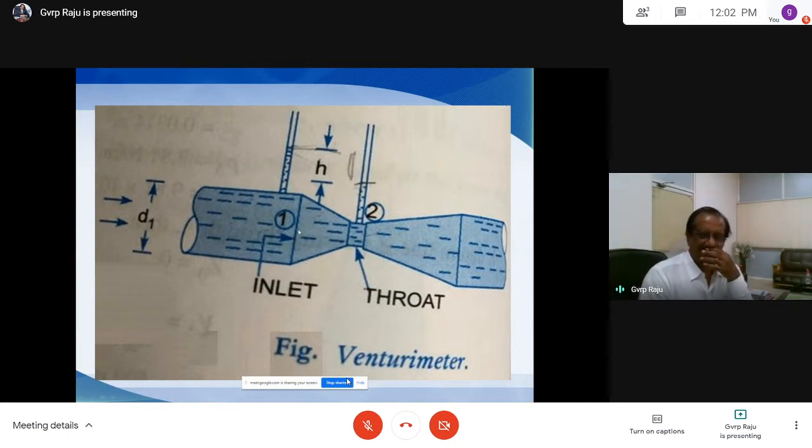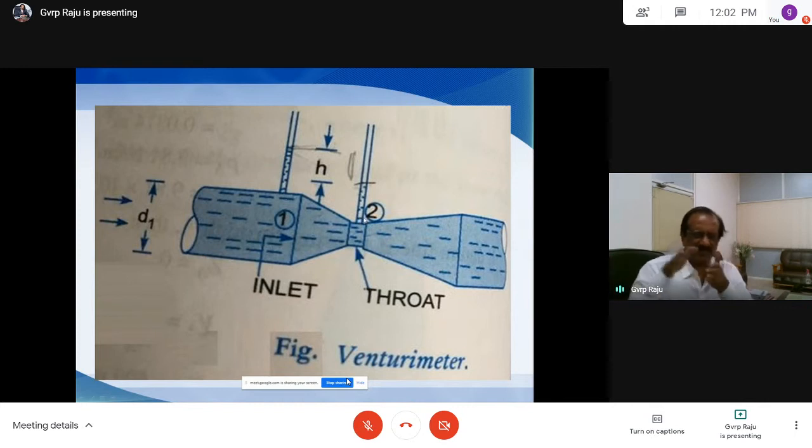That is one issue. The other issue is the pressure at point 1 and this is the pressure at point 2. If you reduce the cross-section area, suppose normally D2 is equal to 0.5 times D1. For example, if it is D1, it is D2. D2 is equal to 0.5 times D1.